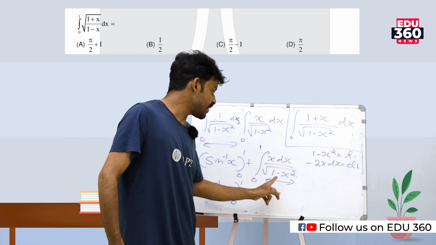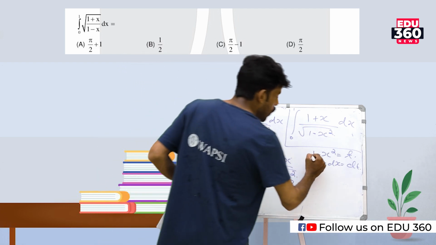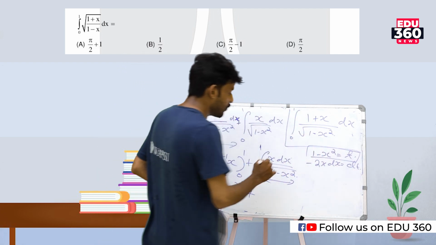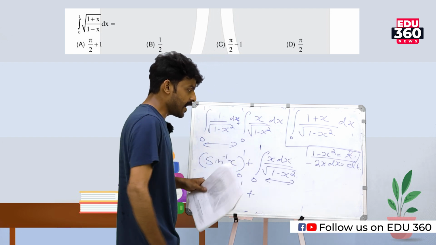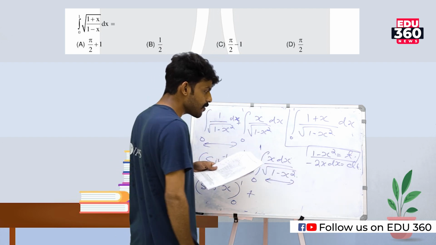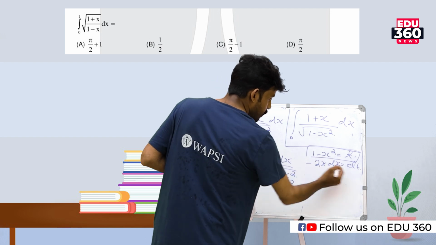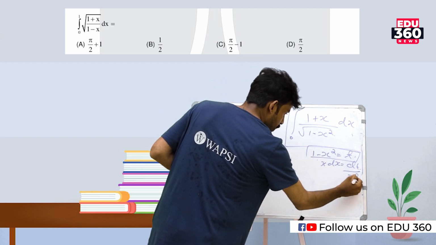We already mentioned that 1 minus x square is equal to t, so that means root t. Here, while we are substituting this, it will become root t, and for x dx, dt divided by minus 2.